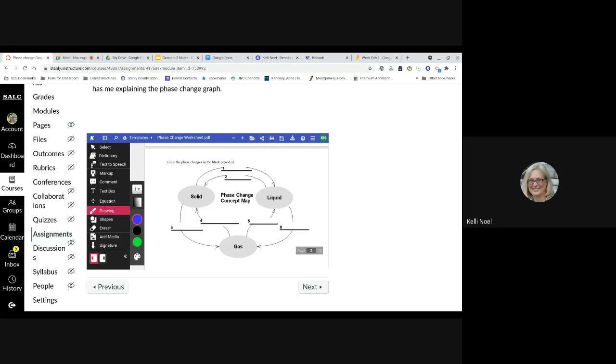Melting. Number 2, liquid to solid is what? Freezing. So see how you're doing that? You can finish that one on your own.